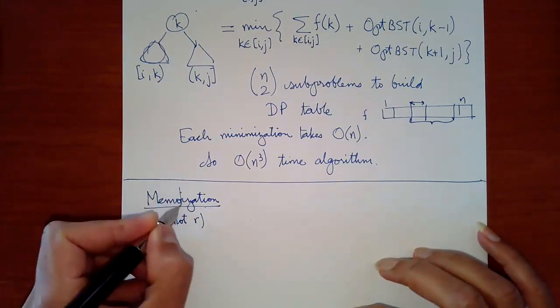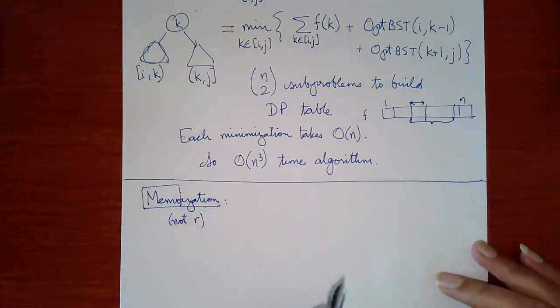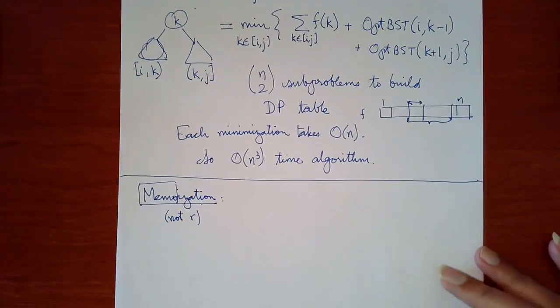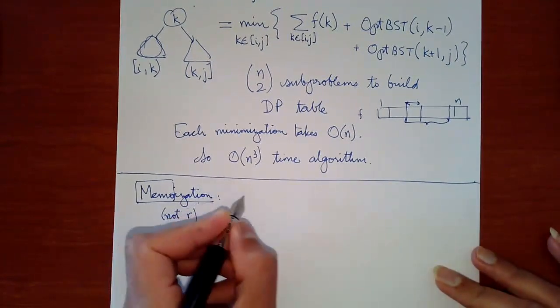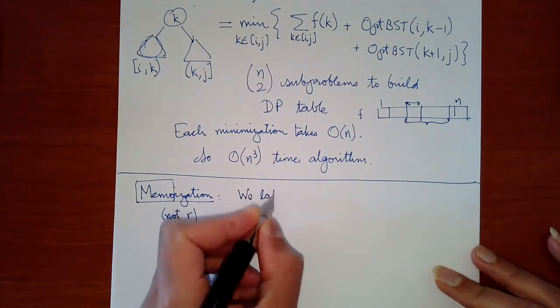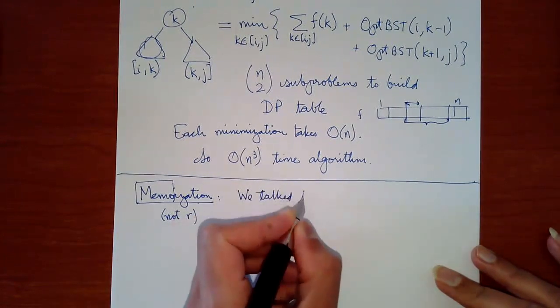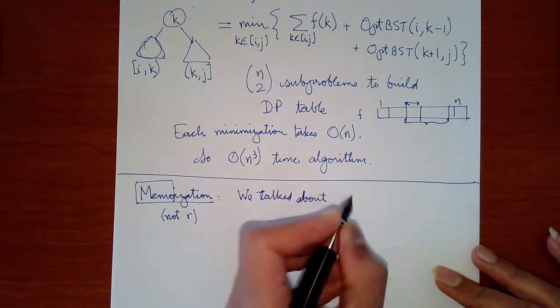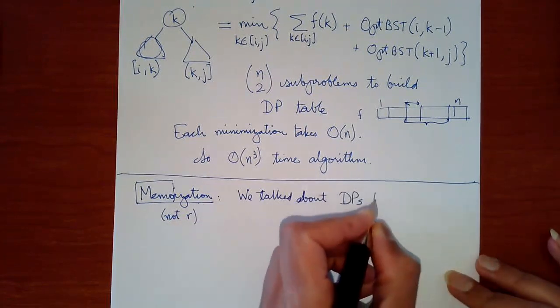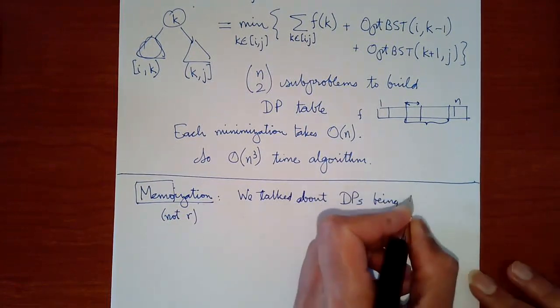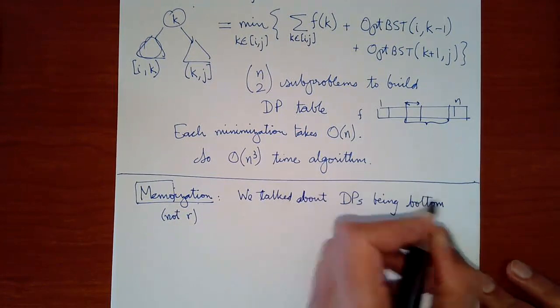So memoization is just a fancy term for saying the following. We talked about dynamic programs being bottom up.